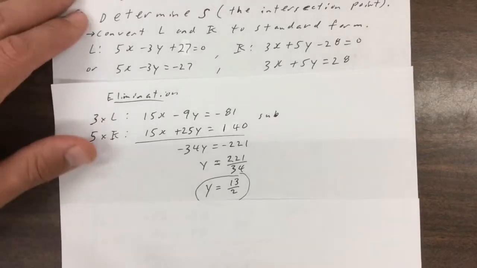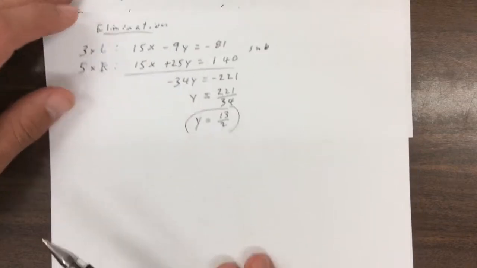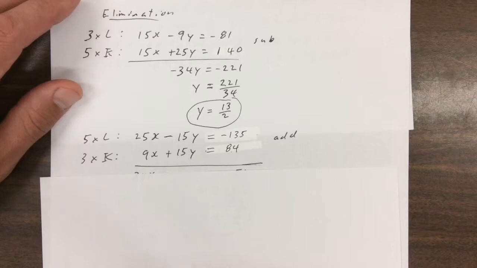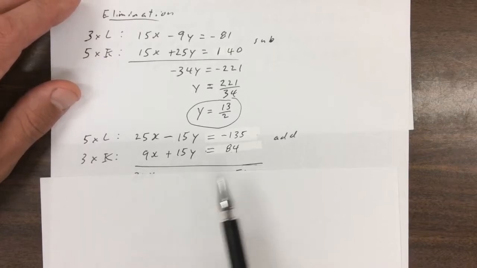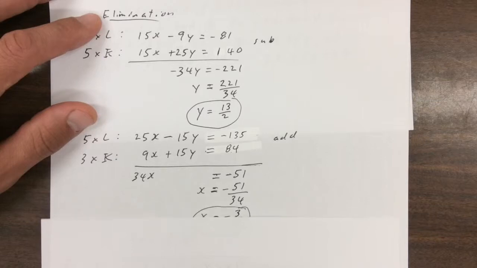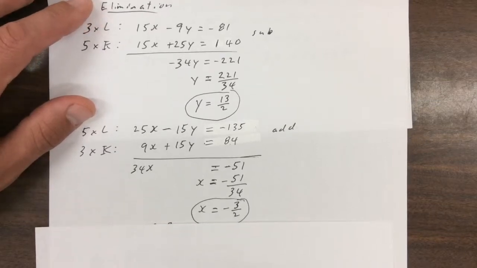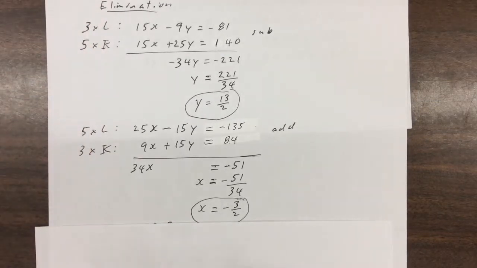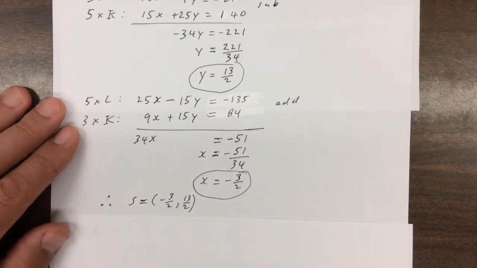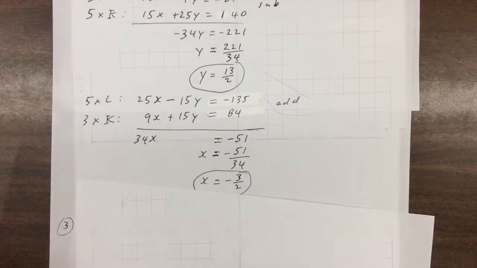Now I'm going to eliminate the y's so that I can get x. So I'm going to do 5 times L and 3 times K, and add the two. I get x equal to -3/2. And there's our intersection point, which is S.